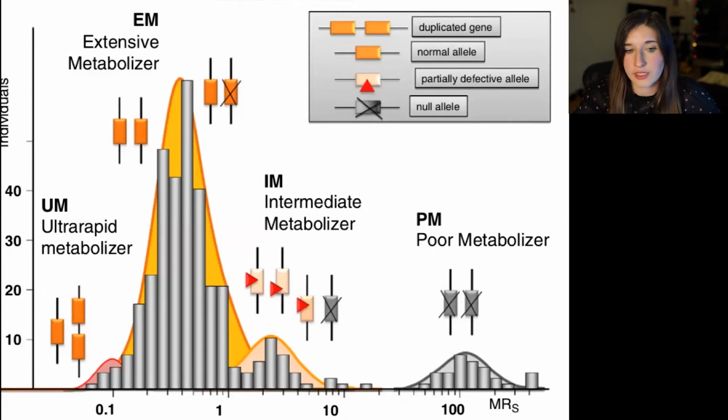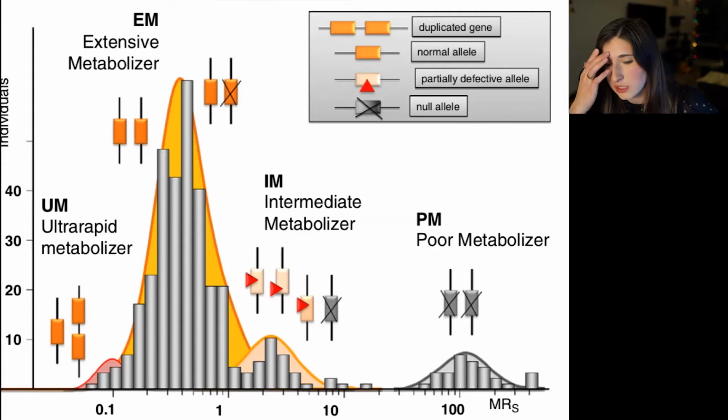So here's a great chart showing what that means. All the way on the right, poor metabolizers have two non-functional copies of the CYP gene that's affected. If this is CYP2D6, they won't be able to metabolize any drugs through that pathway. Intermediate metabolizers have a partially defective allele and a null allele.